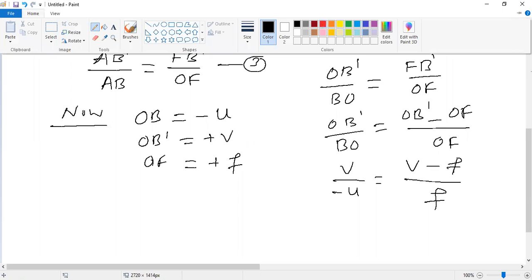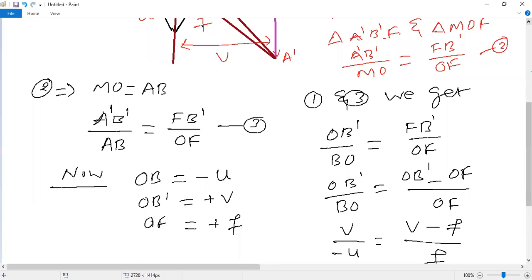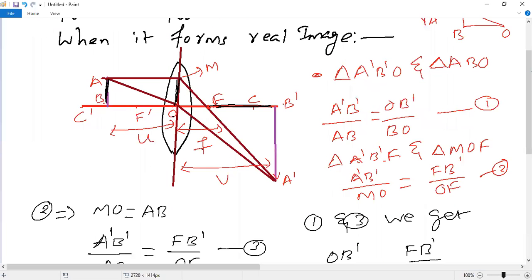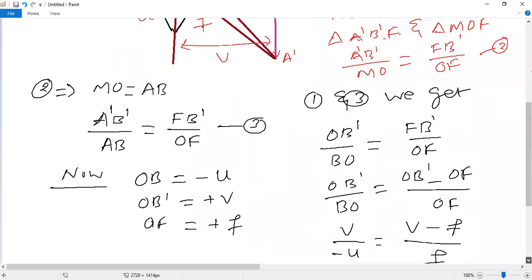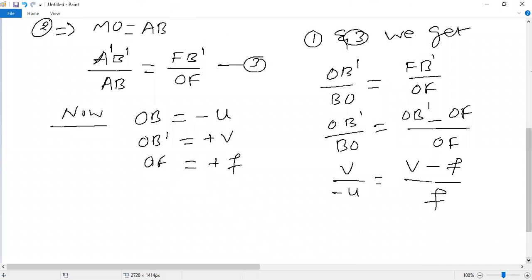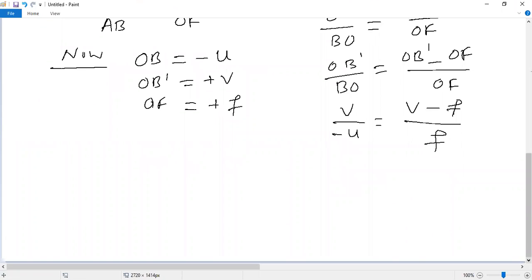Up to that, is it clear for you? Shall we go for the next? Any doubt? Equations 2 and 3 are completed, and now we compare equations 1 and 3, because LHS equal means RHS also equal, applying the values of OB, OB dash, and OF. Next step, I will write here.